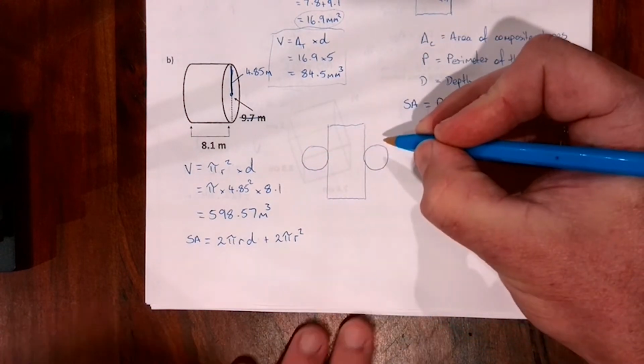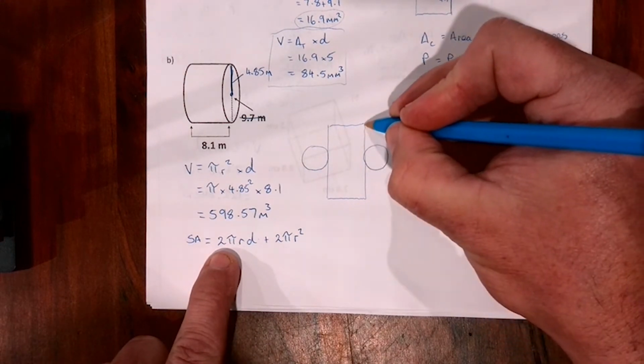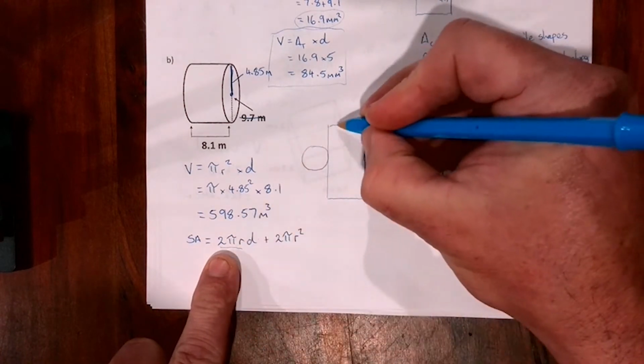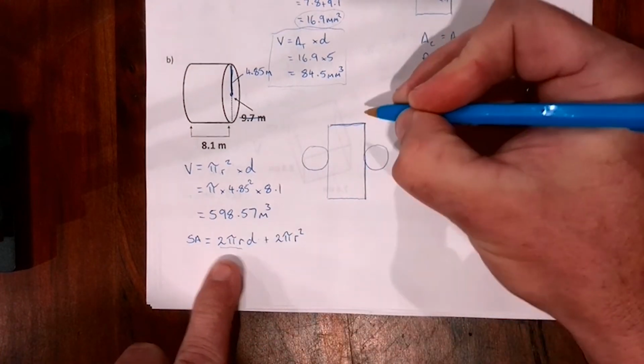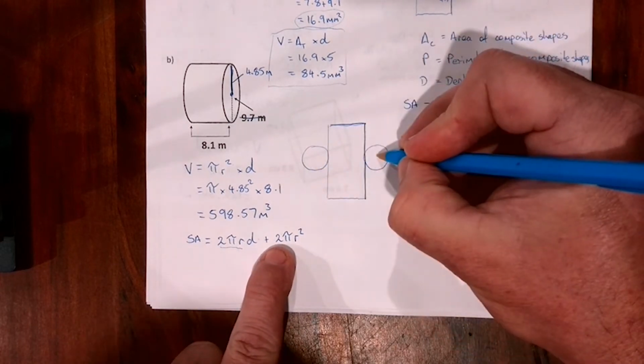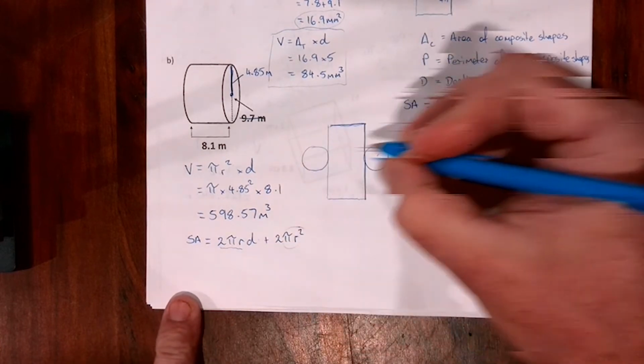two circles. So this is saying the circumference of the circle, so this line here, that's this part of it, multiplied by the diameter. And two circles, so that's the area of these.